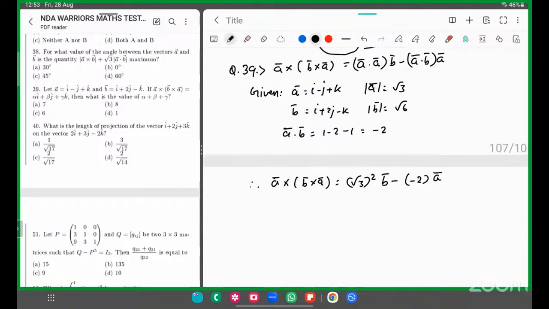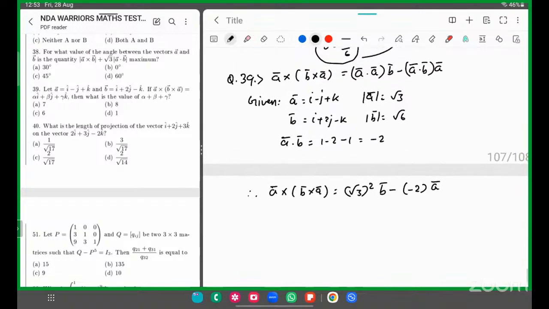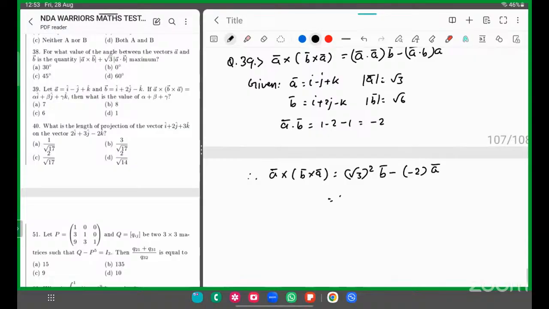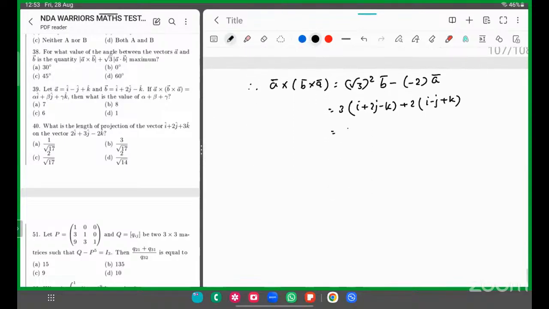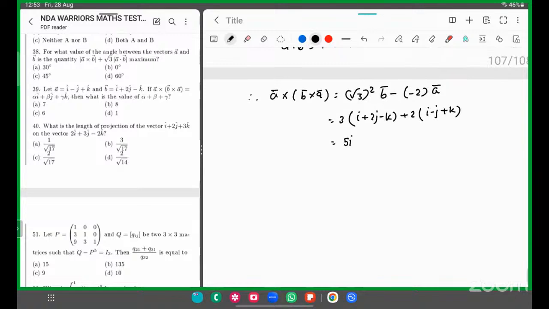times A vector. So 3 times B vector is I plus 2J minus K, minus minus plus 2 times I minus J plus K. So 3 plus 2 is 5, 6 minus 2 is 4, minus 3 plus 2 is minus 1.